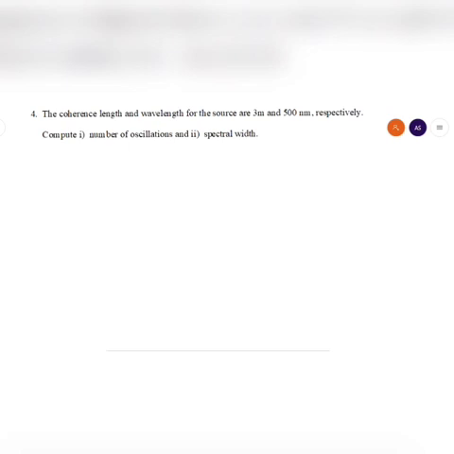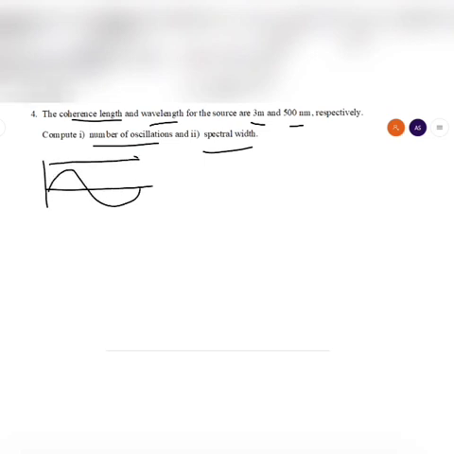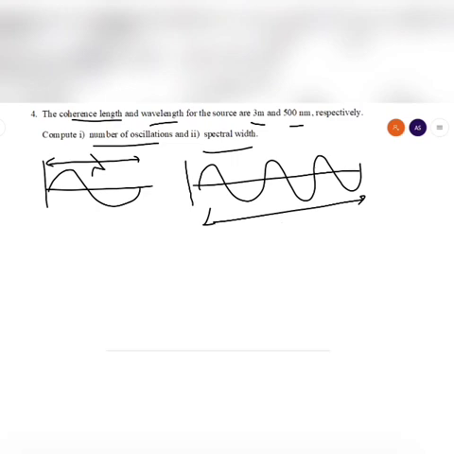Question number 4. The coherent length and wavelength are given. Calculate the number of oscillations and spectral width. You know that the wavelength is defined like that. This one is known as wavelength. And when the sinusoidal wave is maintained up to a time, it is known as coherent time. When the coherent time is multiplied by the velocity of light, it is known as coherent length.